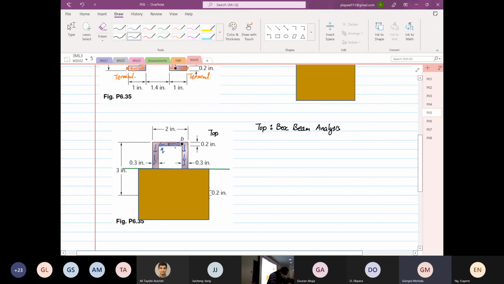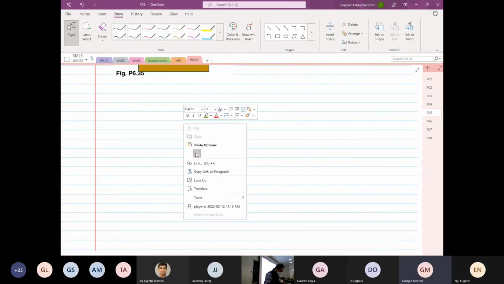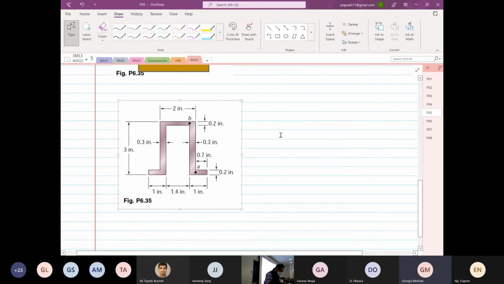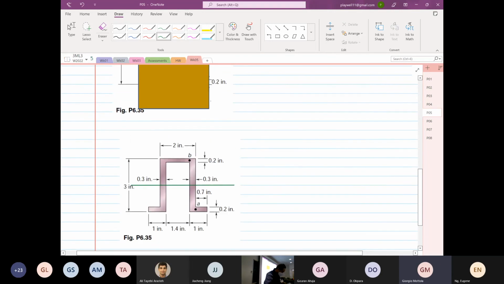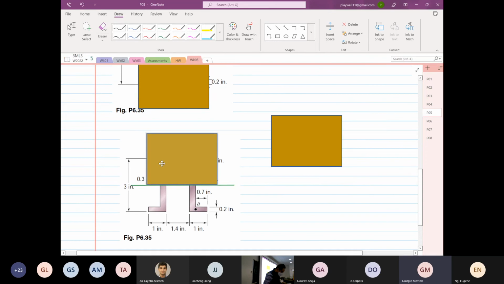So you have one Q here, the other Q there. Now, if I cover the top and expose the bottom, again, that is our centroid. I cover this now. I draw the shear flow.